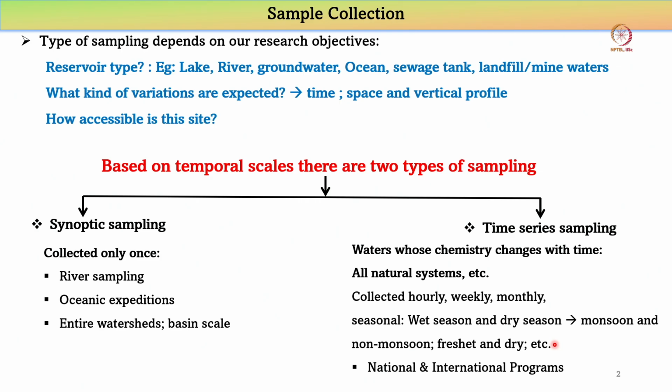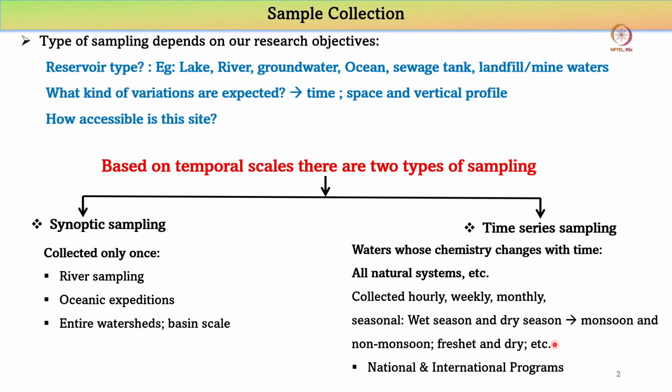So if you are going for a river study, a groundwater study, a lake water study, as compared to more inaccessible sites like the oceans or the polar sites, it is more preferable to do time series sampling. Again, it depends on the logistics, depends on the feasibility of where you are, whether it is possible for you to do it every time or not.